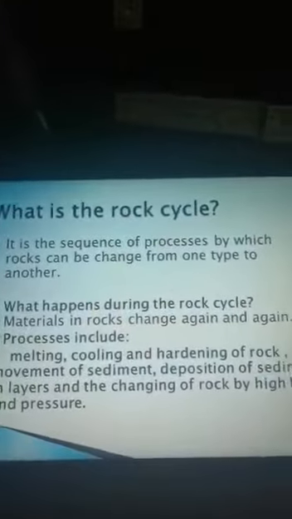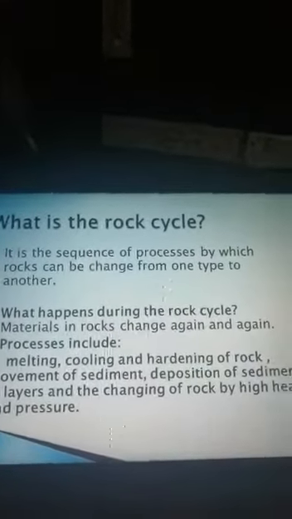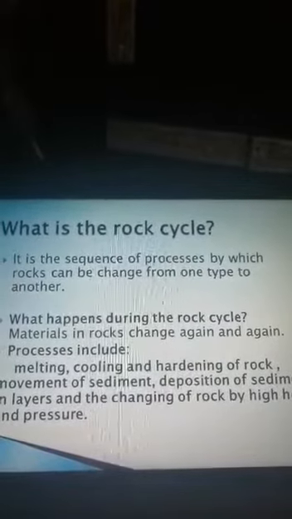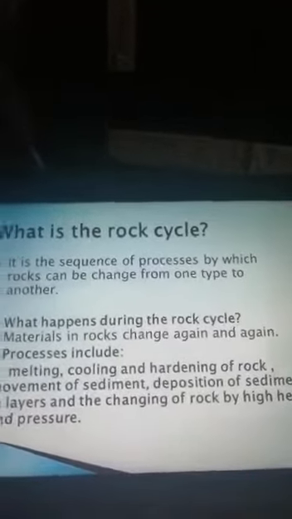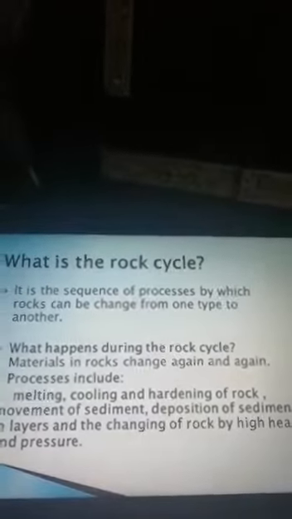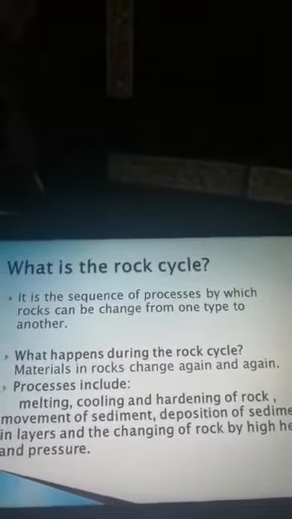So in this session, we talked about what is meant by the rock cycle: the sequence of processes by which rocks can be changed from one type to another. What happens during the rock cycle? Materials in rocks change again and again.